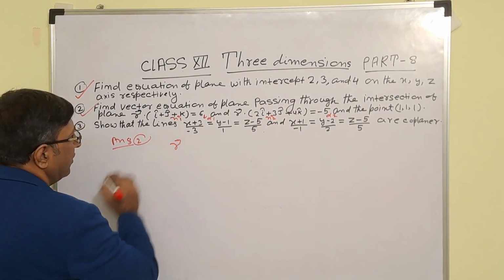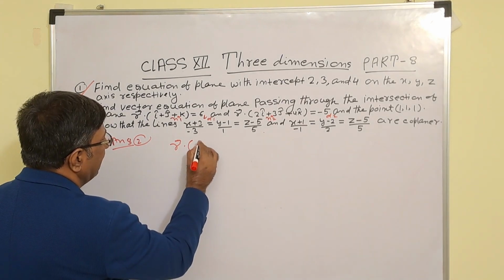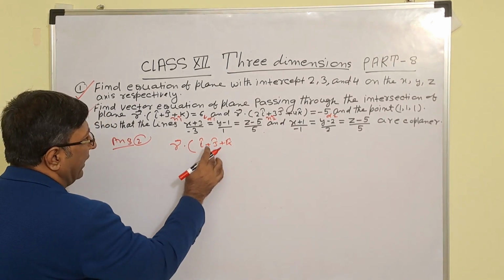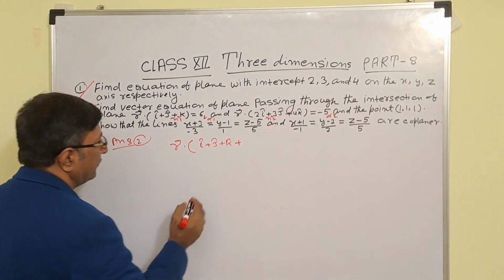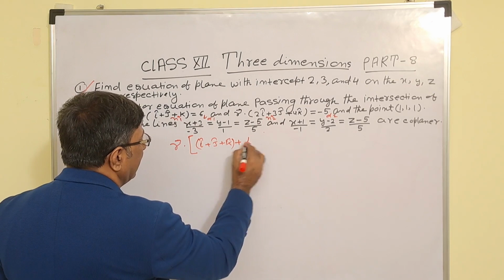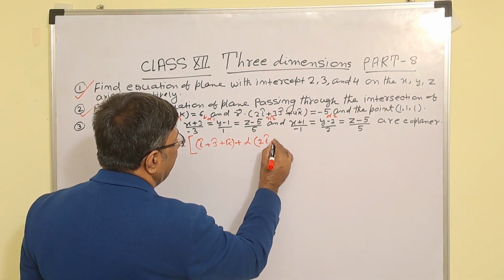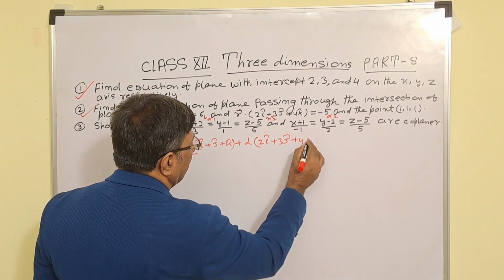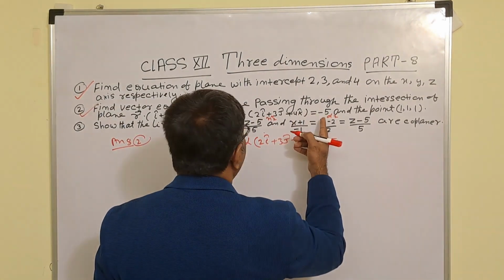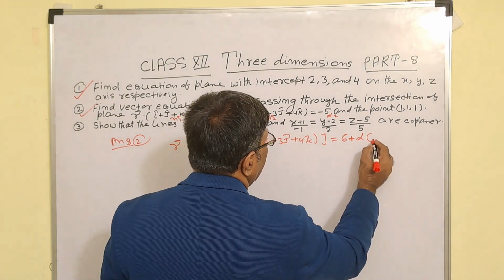So this is r vector dot n1, where n1 is unit vector i plus unit vector j plus unit vector k, plus any constant lambda into n2, where n2 is 2i plus 3j plus 4k, equal to d1, which is given as 6, plus lambda into d2, where d2 is minus 5.